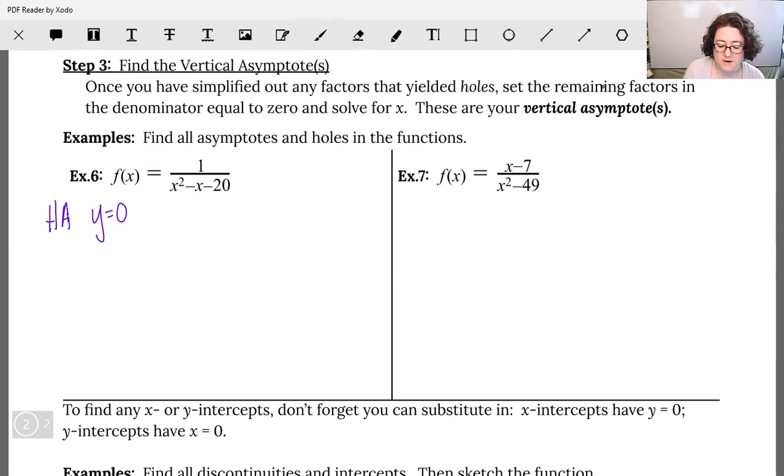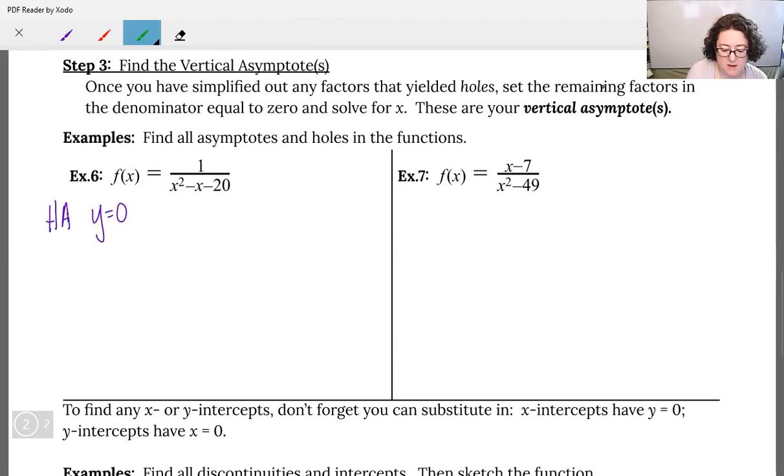I still need to factor it out though, because I need to look for my vertical asymptotes. So factoring out that denominator, I have an x minus 5 and an x plus 4. Again, those will give me that -20 when I multiply, and the -1x in the middle when I add. Each factor that's left in the denominator, you're going to use to give you your vertical asymptote.